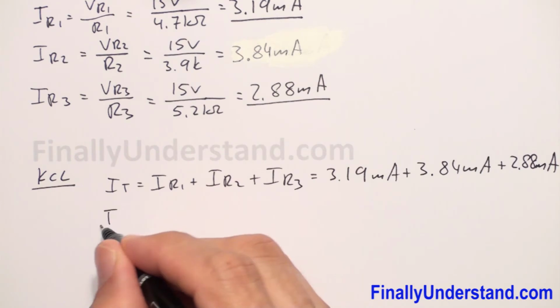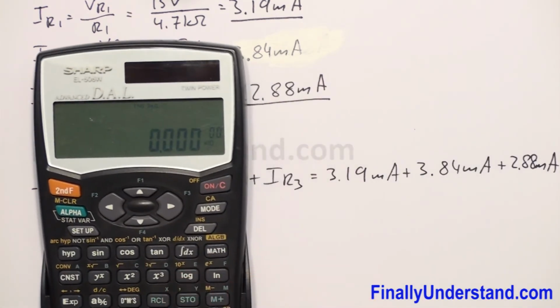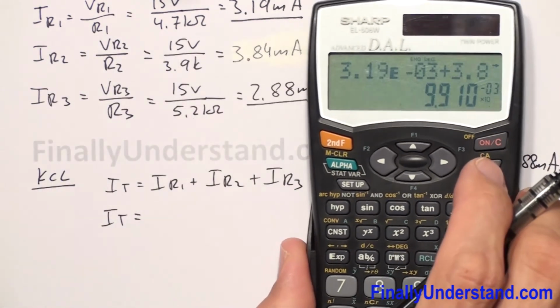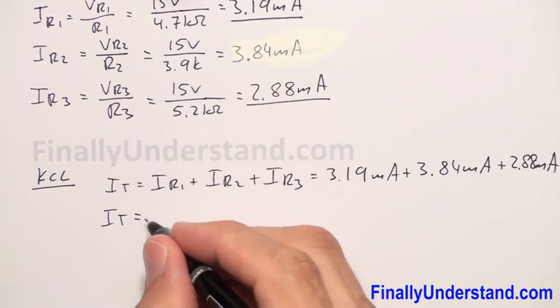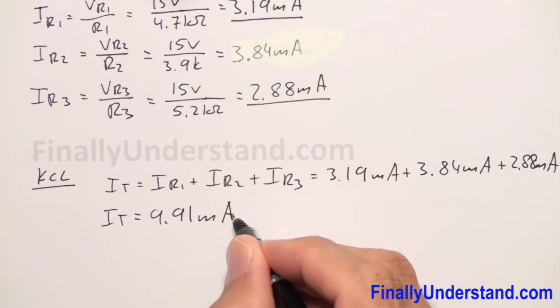Okay, so I total is equal 3.19 exponent 3 negative plus 3.84 exponent 3 negative plus 2.88 exponent 3 negative equals 9.91 milliamps.